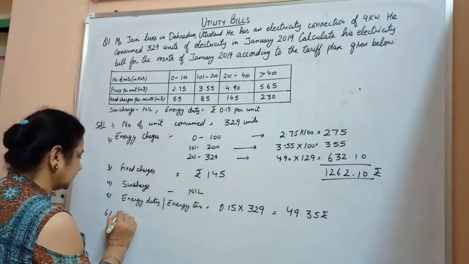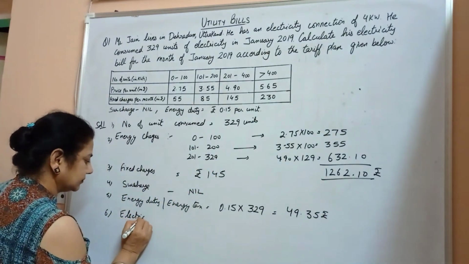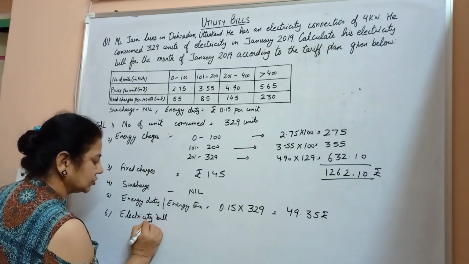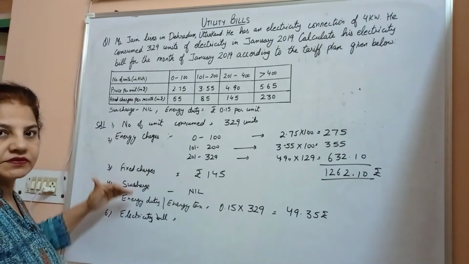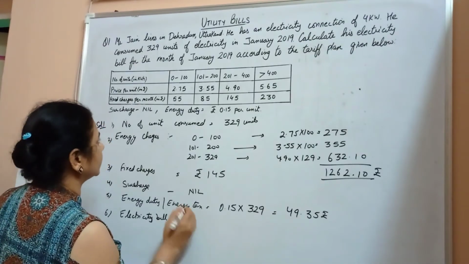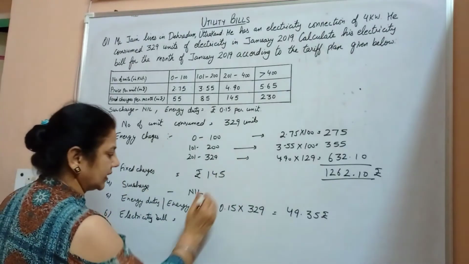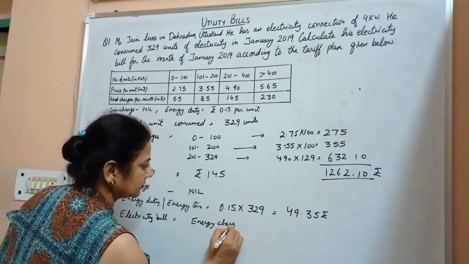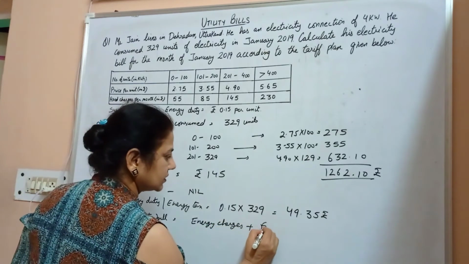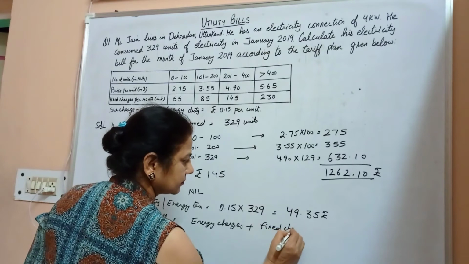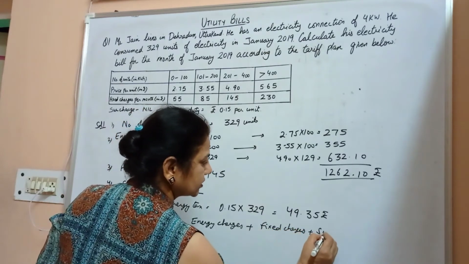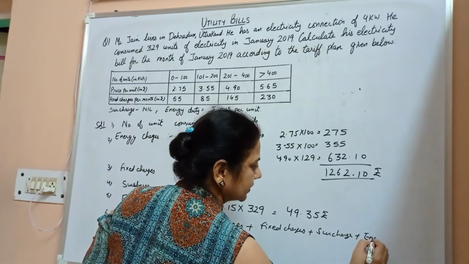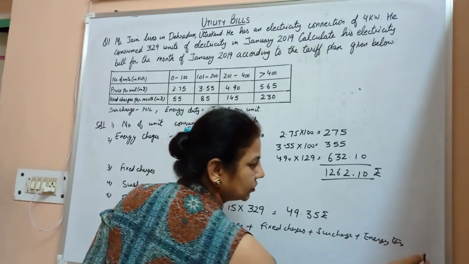So sixth step is electricity bill. Now to calculate the electricity bill, we use the formula to add all these 5 steps. So we add the energy charges plus fixed charges plus surcharge plus energy tax, energy duty or energy tax.